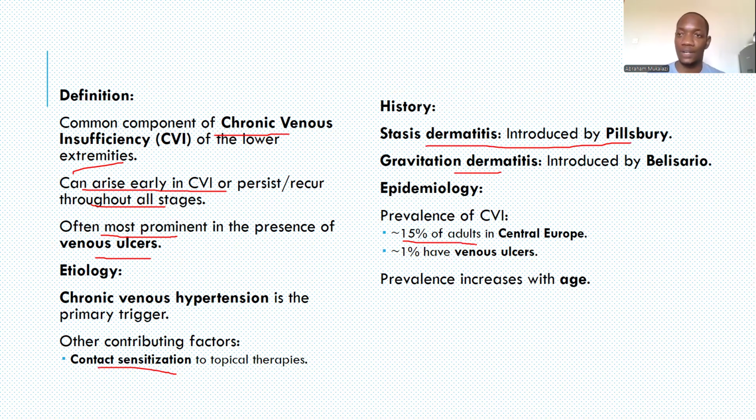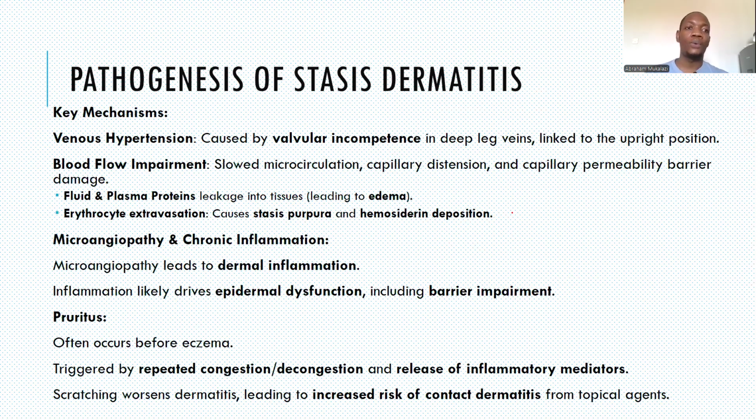When you have chronic venous insufficiency, the prevalence of stasis dermatitis is also a little bit higher, and it increases with age. If you take age-stratified prevalence studies, you'll find that with increasing age, the prevalence and incidence of stasis dermatitis increases.